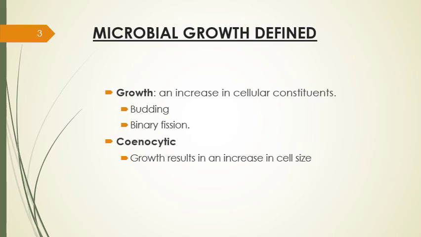If the microorganism is coenocytic, that is a multinucleate organism in which nuclear divisions are not accompanied by cell divisions, the growth results in an increase in cell size but not cell numbers. It is usually not convenient to investigate the growth and reproduction of an individual microorganism because of their small size. Therefore, when studying growth, microbiologists normally follow changes in the total population number.